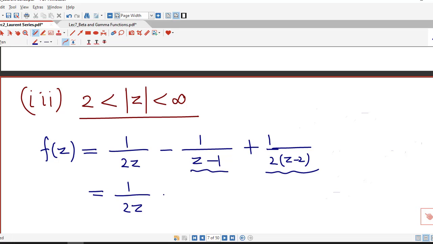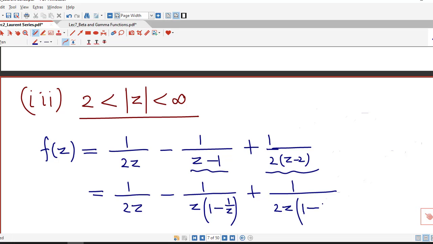So here if we take z common, then this is z times (1 minus 1 by z), and here also if we take z common, we have (1 minus 2 by z).